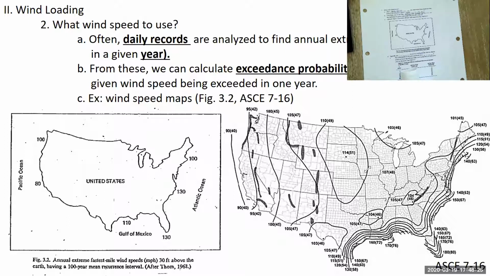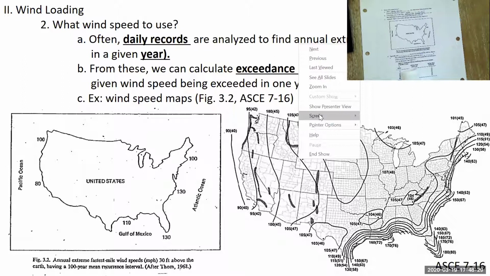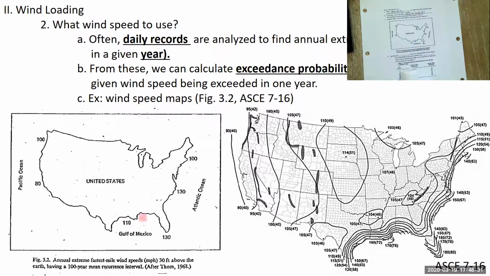So we have the simplified figure that we can show here on the left side. This is also in the notes. This is what we'll typically be using for the problems that we have with respect to design. This tells the annual expected wind speeds with a 100-year recurrence interval at various near shore locations in the United States.